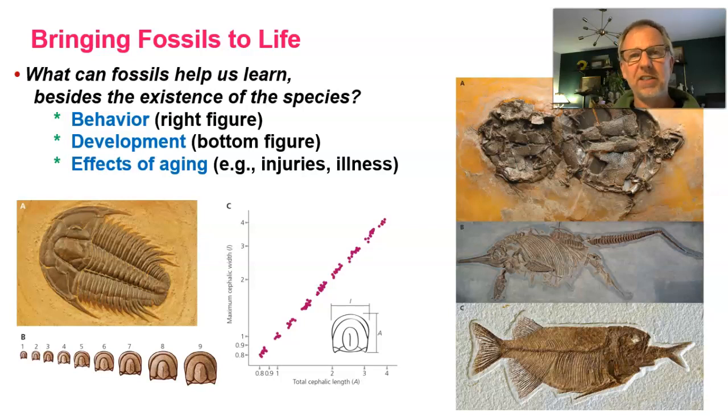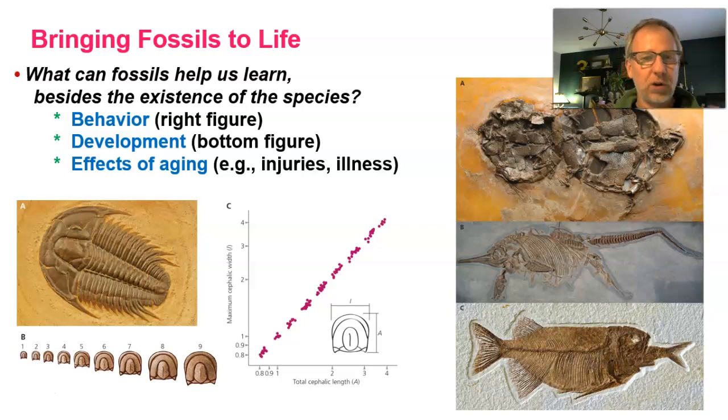Fossils can show us the development of organisms, of animals, and we can have an idea of how fast they grew and the different stages in their lives. On the bottom of the slide, it's showing you these animals called trilobites that are arthropods, and we have fossilized remains of many different sizes of them, of different ages.